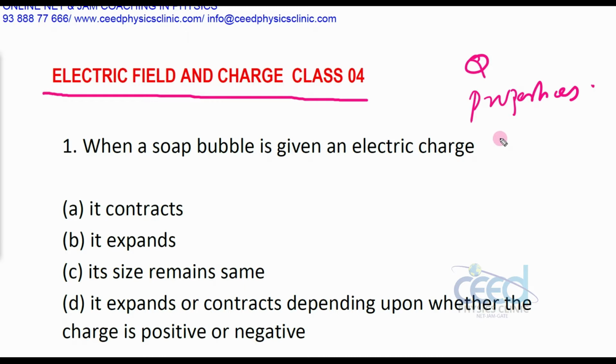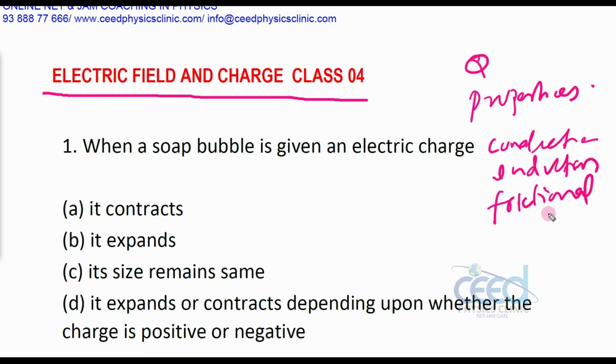And then we have discussed methods of charging. There we have seen frictional electricity, and then conduction, induction, and then frictional electricity. Okay, now we can do some problems based on this, right?